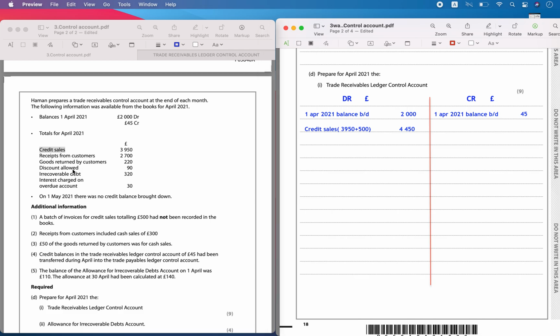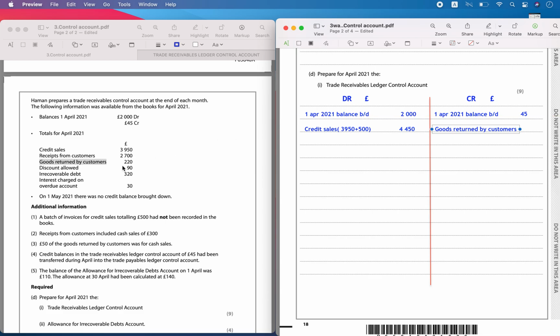So that value is going to be equal to 4450. And then you have receipt from the customers, meaning they paid back some amount. Before that we can adjust the goods returned, sales return from the customers.